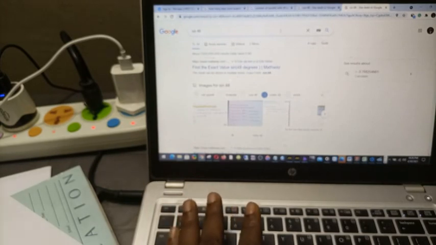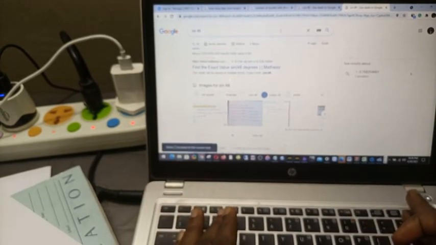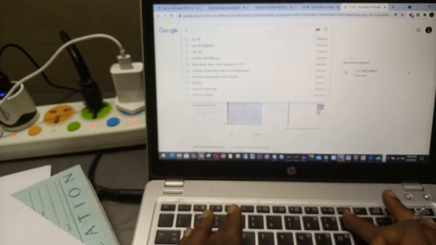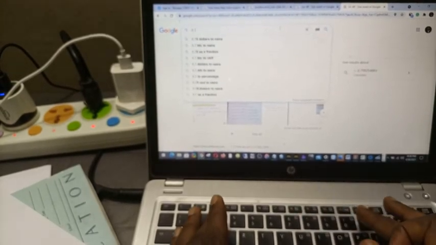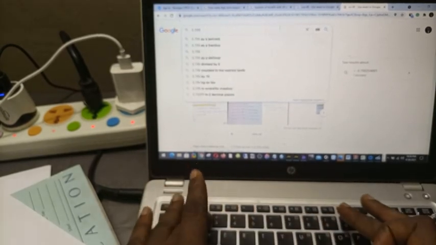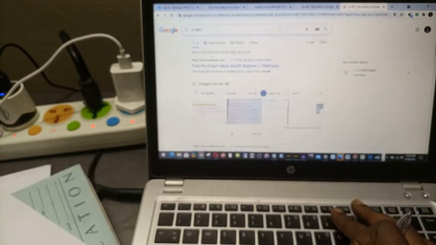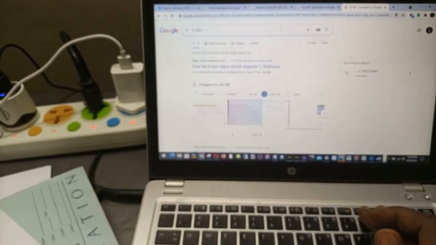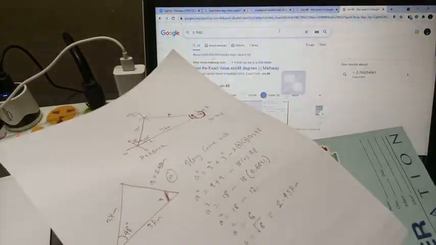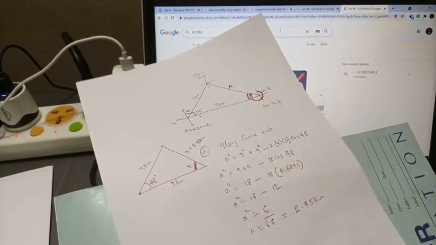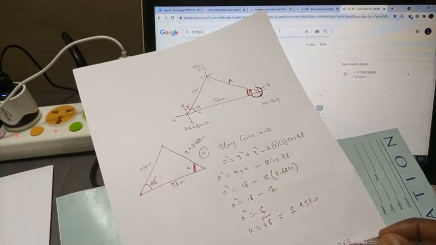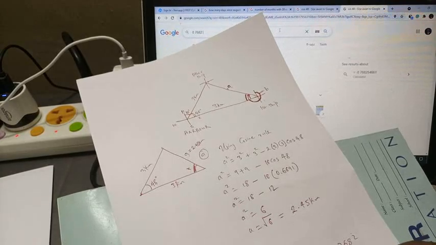Sine 30 is 0.5. Okay, so you have 0.7682. I think I might need to press this. So it gives us 3 times 0.7682 over 2.45.